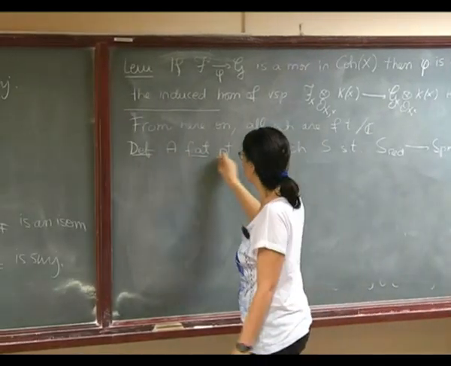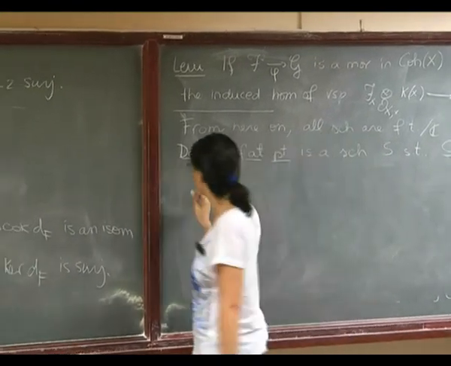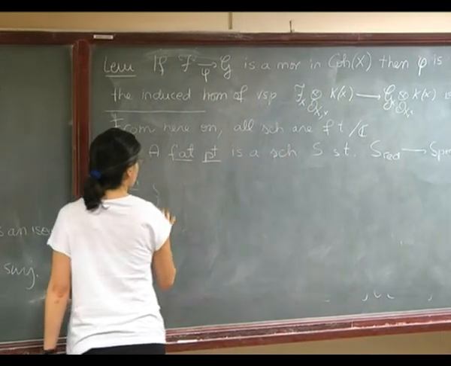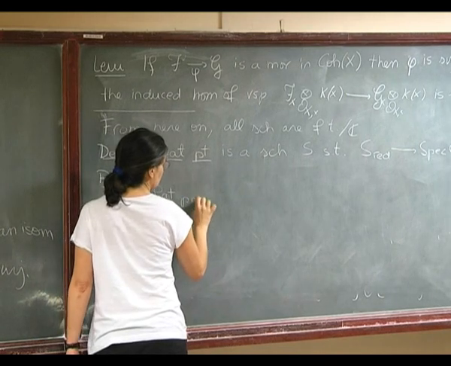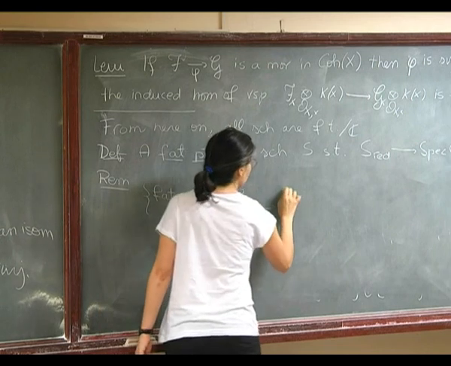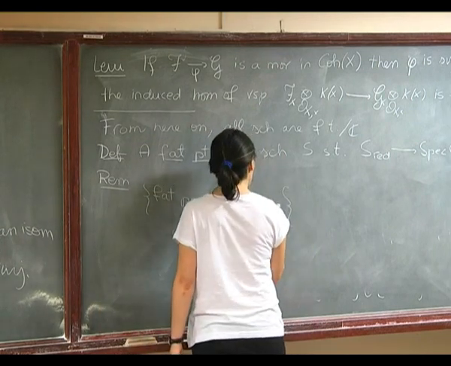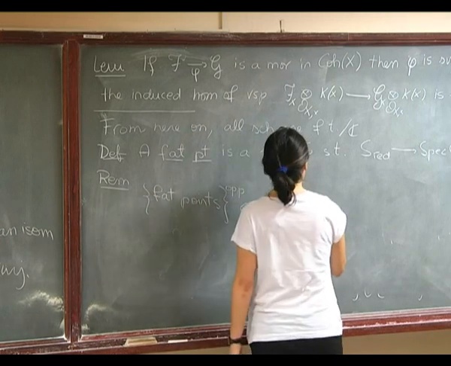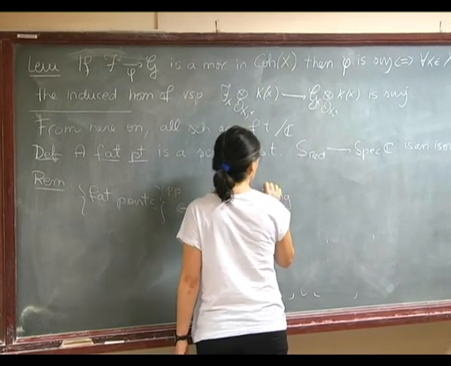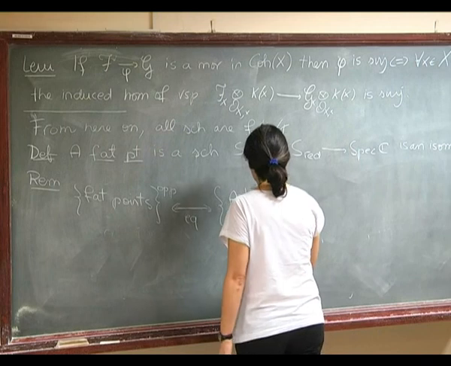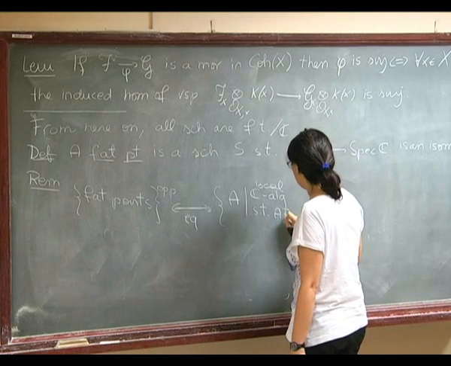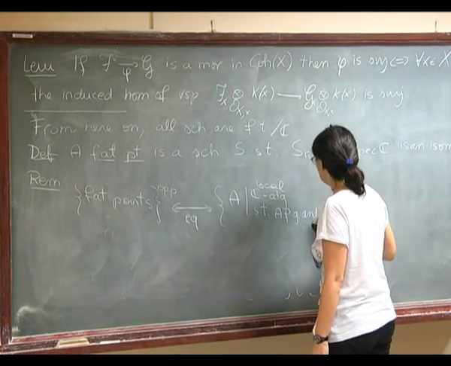And so it's just a point with some non-reduced structure, and of course it's a remark that the category of fat points is dual to, is equivalent to the category of local C-algebras A, such that say, for instance, A is finitely generated and Artinian.